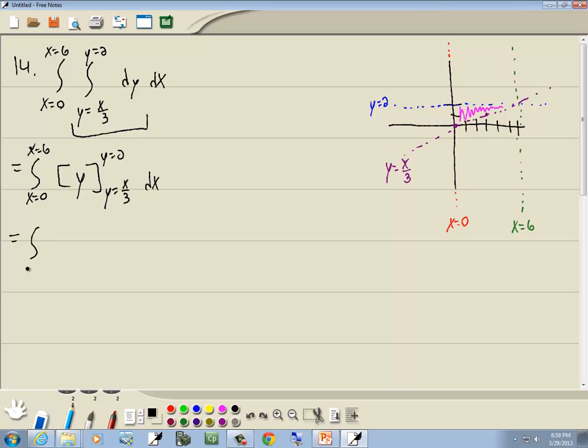Plug those in then. So we got 2 minus x over 3, dx. And again, take the integral of this with respect to x, so the 2 becomes 2x minus 1/3, and then the integral of x becomes 1/2 x squared. Add 1 to your power, divide by the new power. From x equals 0 to x equals 6.